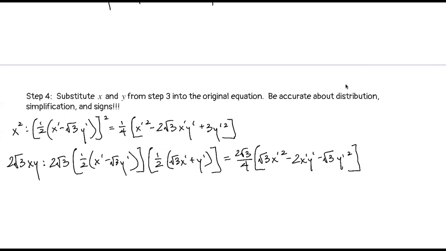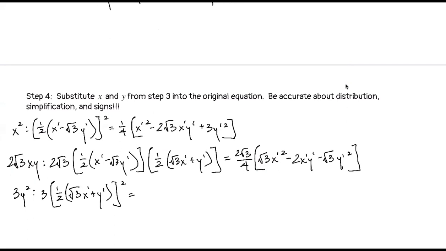All right, our next term is 3y squared. So I have the 3, 1/2 root 3x prime plus y prime squared.